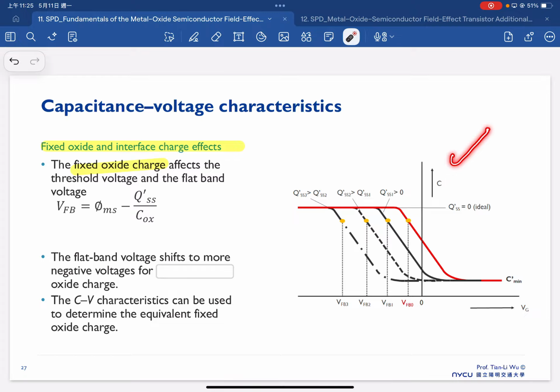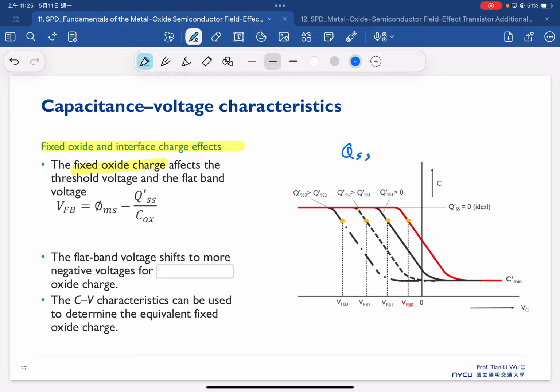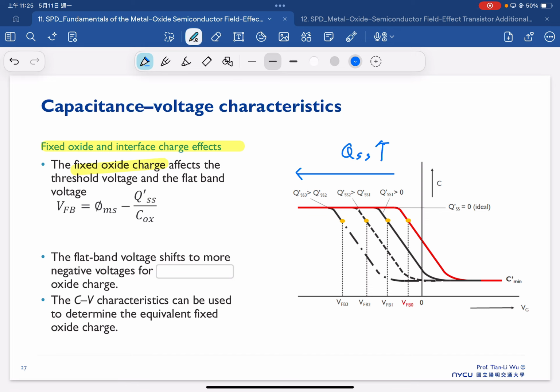For example, if Q_SS becomes higher and higher, then our CV curve will shift to the left here. So the flat band voltage shifts to a more negative voltage for a positive oxide charge.